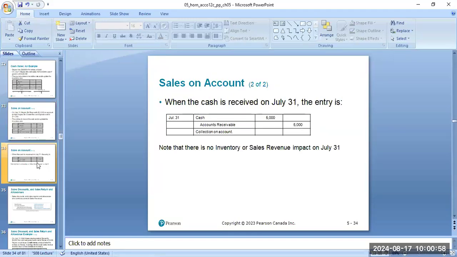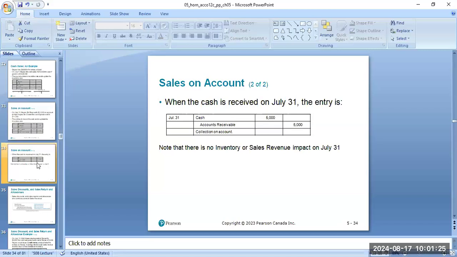Now, the next part, which is interesting, is we receive some cash on July 31st. So what are we going to do? We're going to get the cash, debit cash, and we're going to reduce our accounts receivable by $5,000.